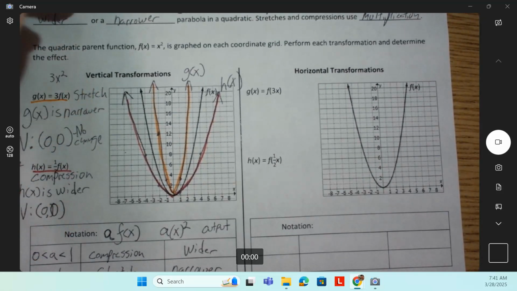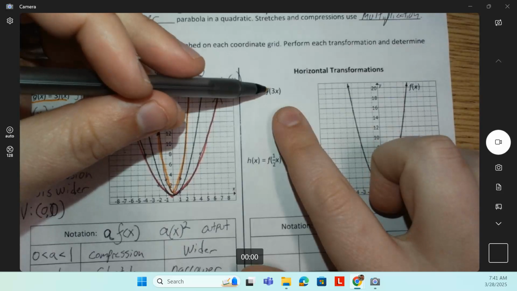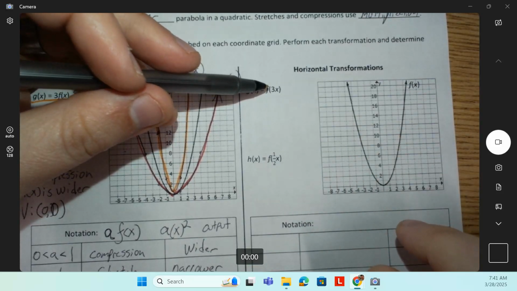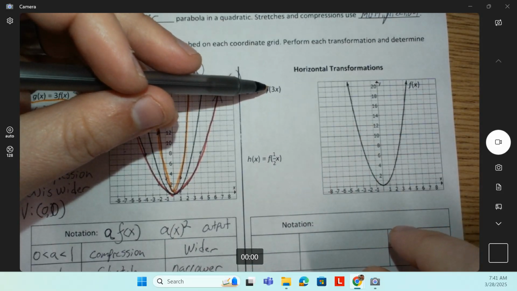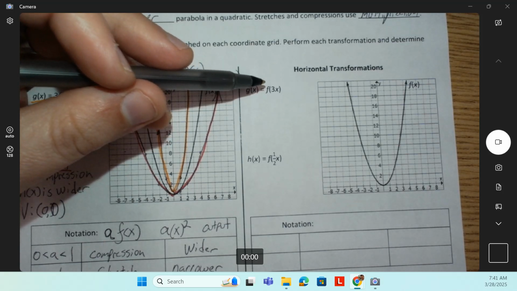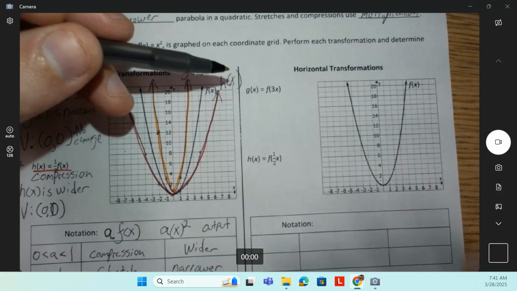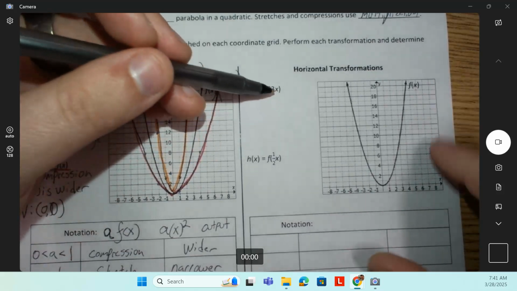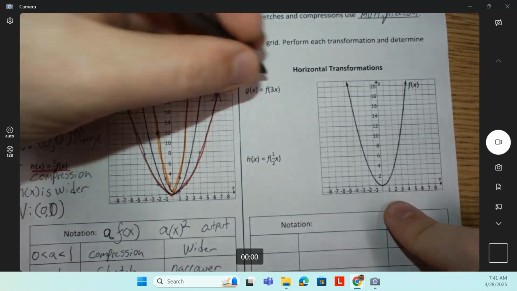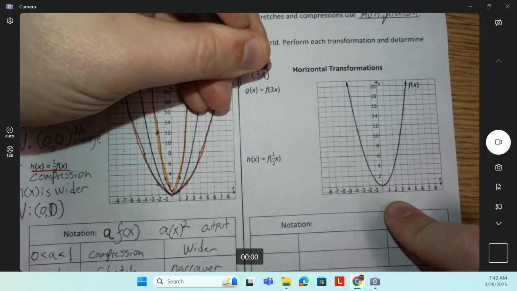Then looking at the horizontal side, what can be a little bit more confusing here is that when we do 3 times x, the stretch is actually going to be a horizontal compression, which is the same thing as a vertical stretch, essentially. So if I do 3x, which means I'd be doing 3x squared.